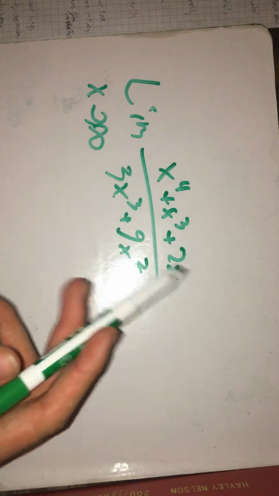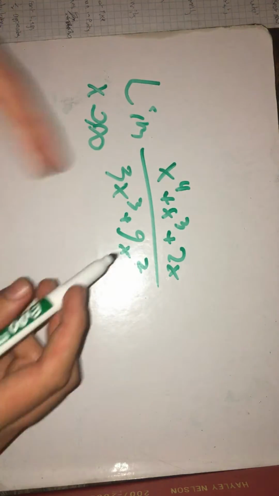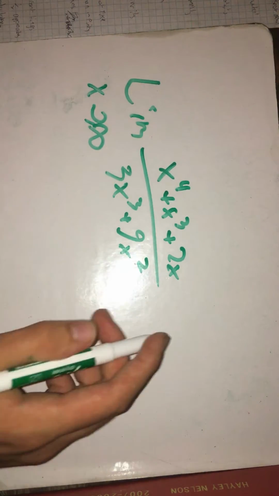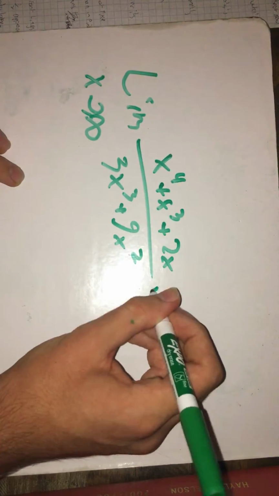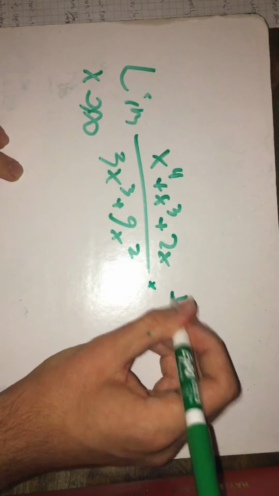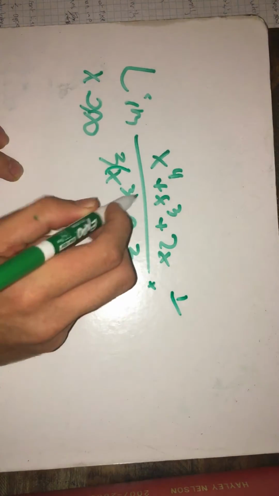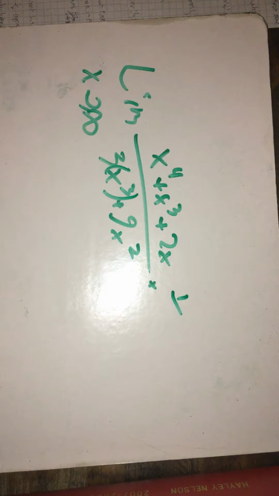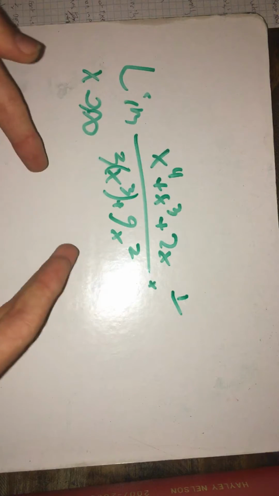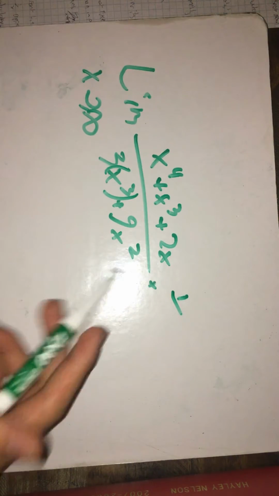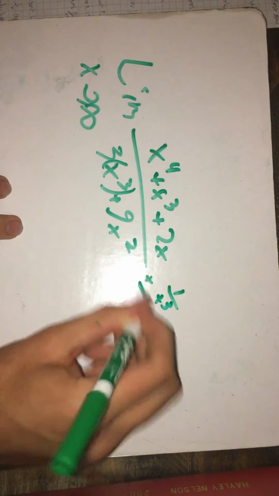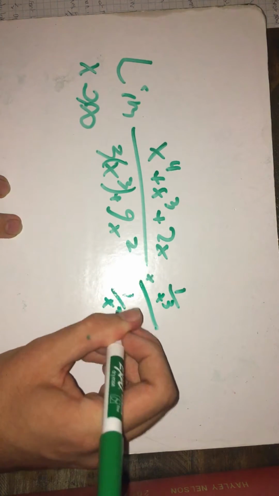Now the way that you're actually supposed to solve it is by turning the x's into smaller, nicer to work with x's. So we multiply this entire thing by 1 over x to the highest power on the denominator, not the numerator, so 1 over x cubed.